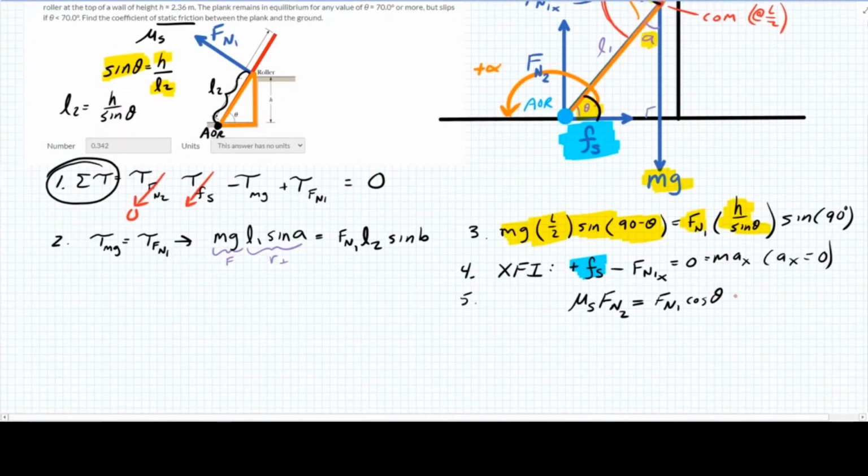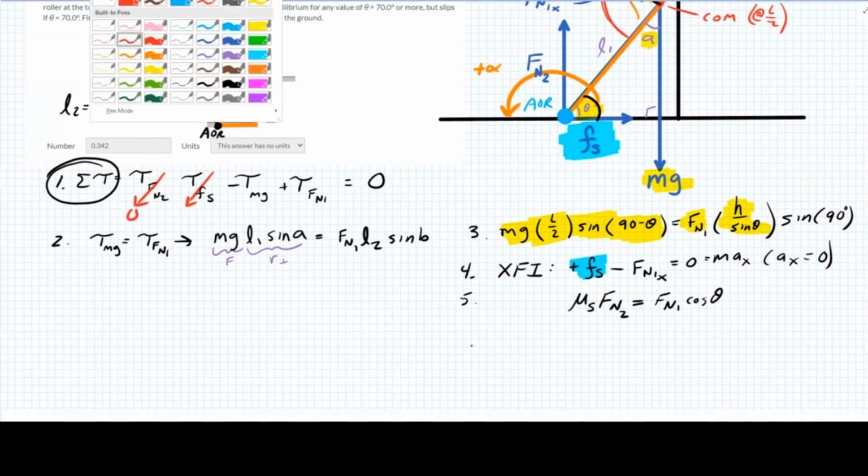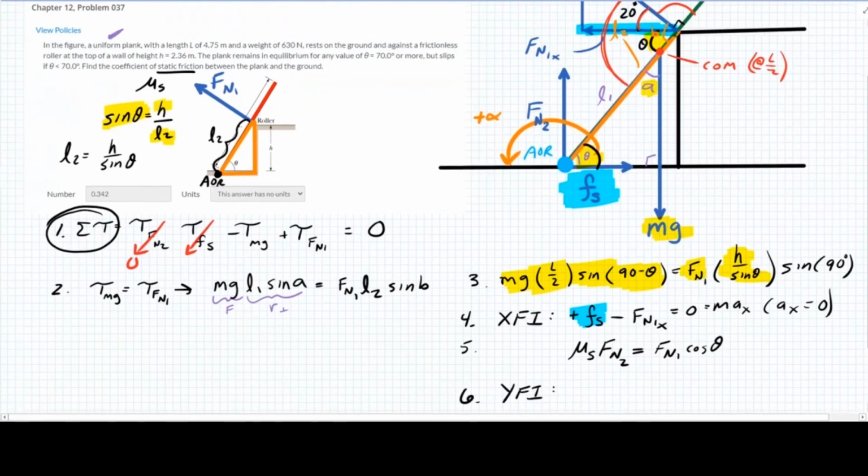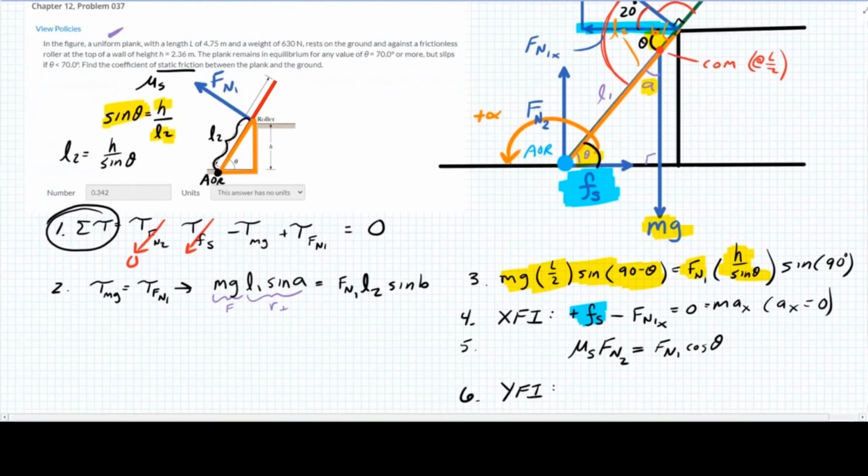Okay, so there's my dollar sign. The only problem is I still have too many unknowns. I'm going to do one more Y force inventory, and I think I'm going to be good to go. Y force inventory says, what's going up? Fn2 is going up.